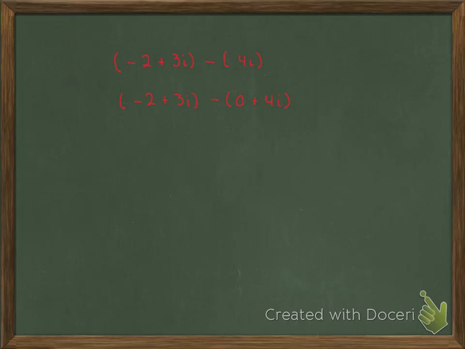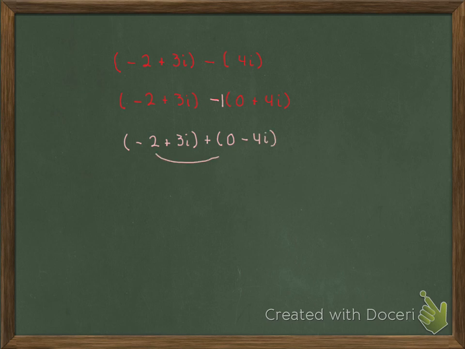Okay, now we are going to distribute this negative 1 here, and then we'll rewrite that subtraction problem as an addition. So negative 1 times 0 is still 0, and negative 1 times positive 4i is negative 4i.